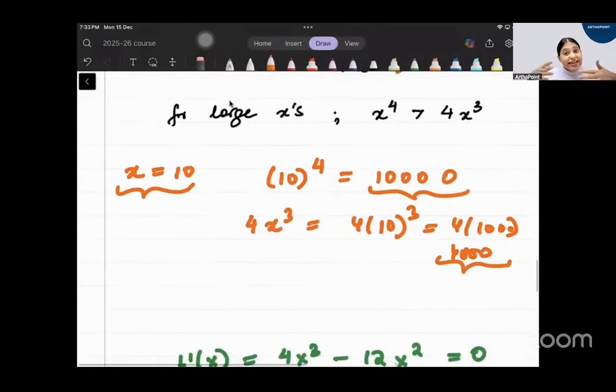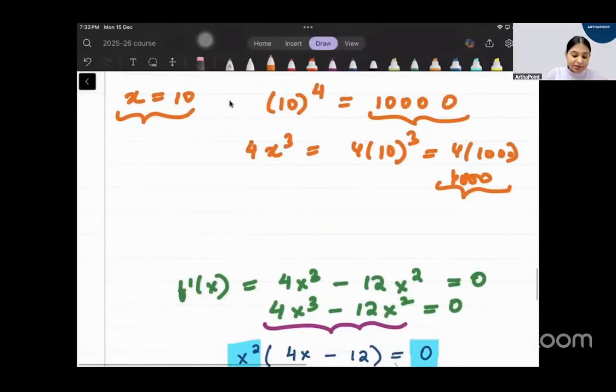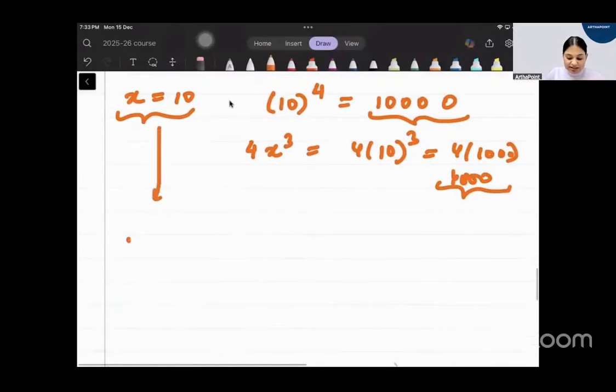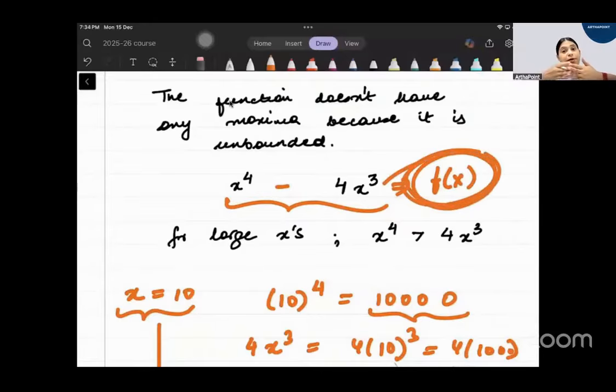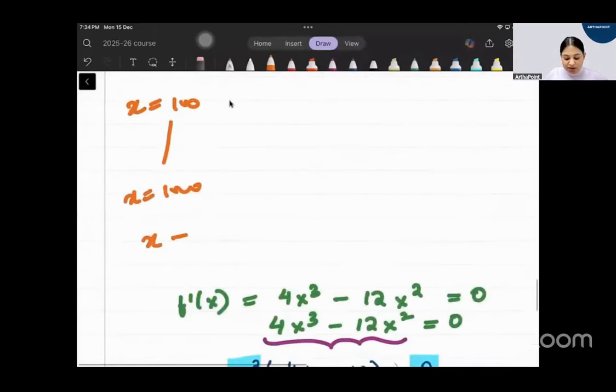But as I increase x, जैसे जैसे मैं ये x बढ़ाती जाऊंगी, when I increase this x to 100, when I increase this x to 1000, तो इनके बीच का गैप will continuously increase between x to the power 4 and 4x cube. माने इस फंक्शन की whatever value I will be getting, it will be bigger and bigger and bigger. And when x will go towards infinity, तो ये फंक्शन का वैल्यू भी infinite होगा.